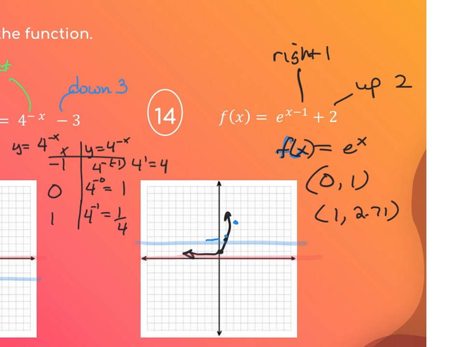So here's your new graph. Shifted up 2 and to the right 1. So here, don't forget to shift the asymptote whenever you have a vertical shift. So we shifted everything up 2 units and then also to the right 1.